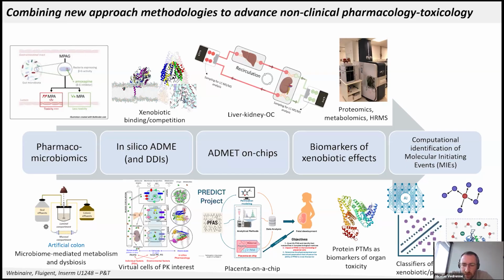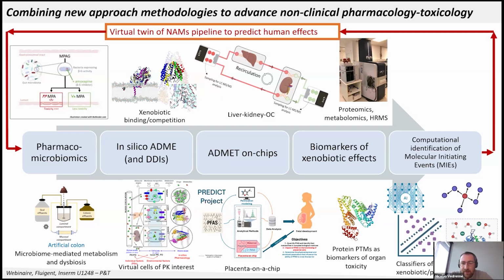We will be able to identify some very important keys like the molecular initiating event. So our goal is therefore to develop a virtual twin NAM pipeline capable of predicting human effects by training on abandoned drugs or academic candidates and environmental pollutants.